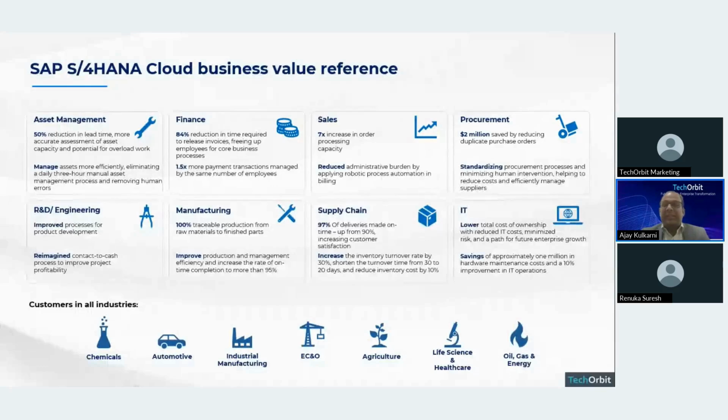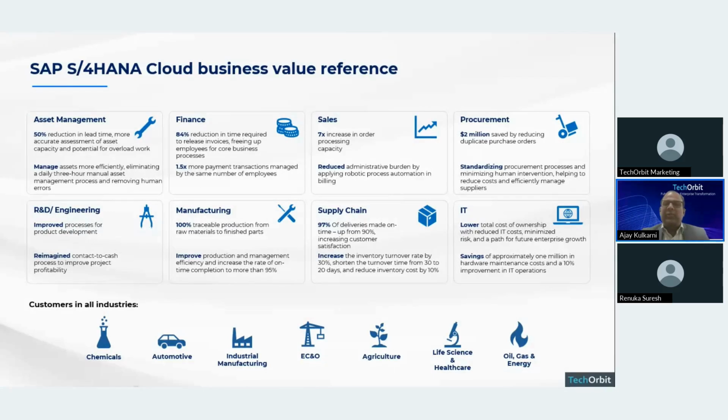Even from a sales point of view, there is a huge increase in order processing. There are automations possible for each of these, and various kinds of entry points are possible. There are order entries, the follow up, the reports, the integration with the delivery team and other things that is seamlessly possible.